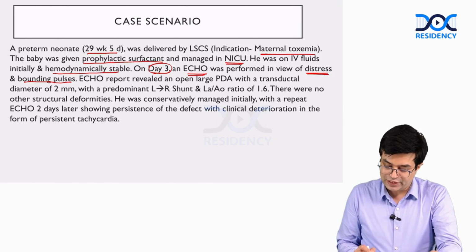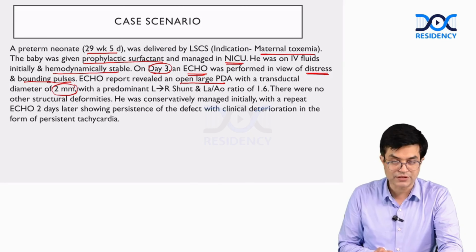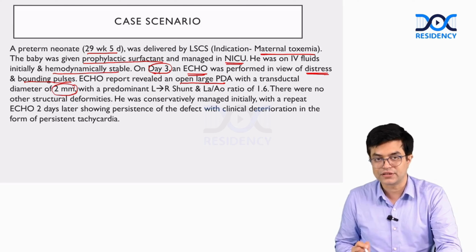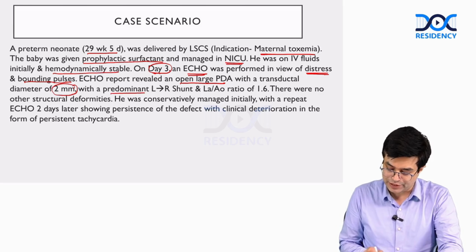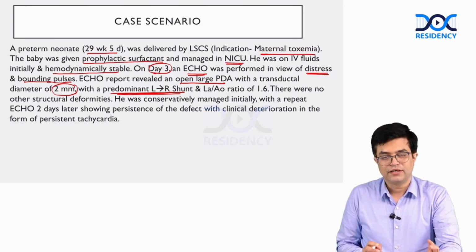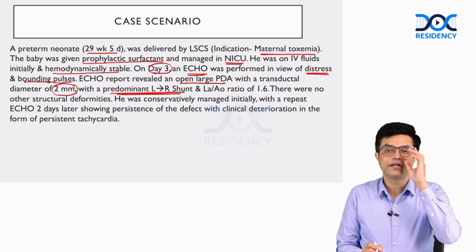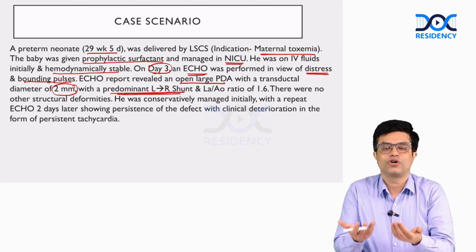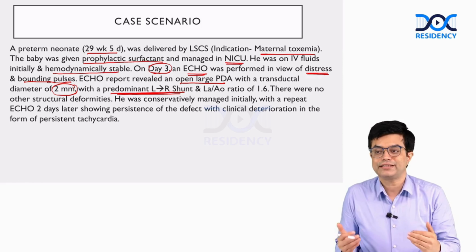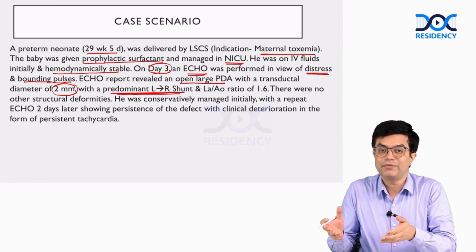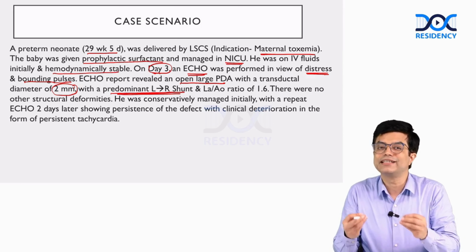Echo report revealed an open large PDA with a transductal diameter of 2 millimeters. It is a significantly enlarged ductus arteriosus, and there was a predominant left to right shunt. Remember that if there is a bidirectional shunt in the first 72 hours or so, it does not indicate a significant PDA. Yes, it may remain patent for a long duration, but it is not significant enough.